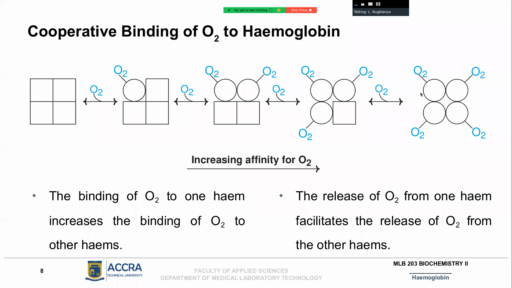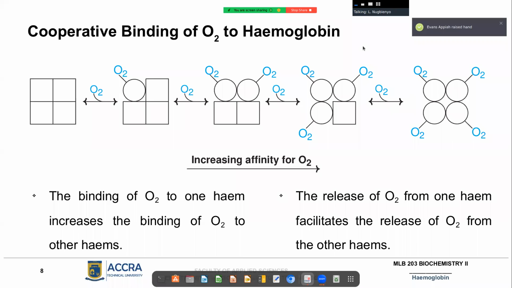Now, the reverse also happens, so that in the tissues, when the first molecule of oxygen is being released to the tissues, then the affinity of hemoglobin to oxygen reduces. And so it releases a second molecule of oxygen, and it's left with 2. And the process continues until all the molecules of oxygen are released to the tissues. Now, that is the cooperative binding of oxygen to hemoglobin.